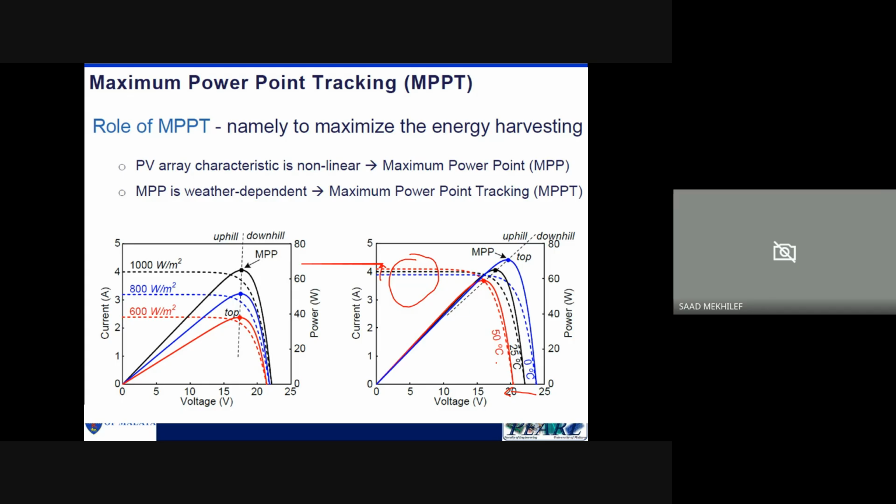And that's why, as I said just now, PV panels are usually tested under STC, standard test condition. The standard test condition is 25 degrees C, but most of the time we do not operate at 25. Most of the time it is higher, especially for hot countries.